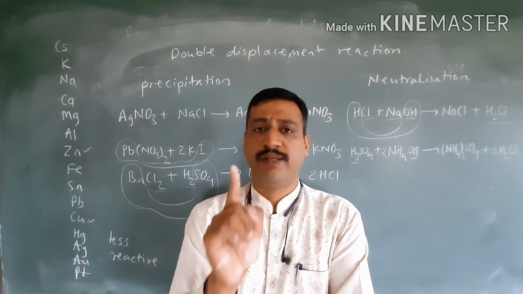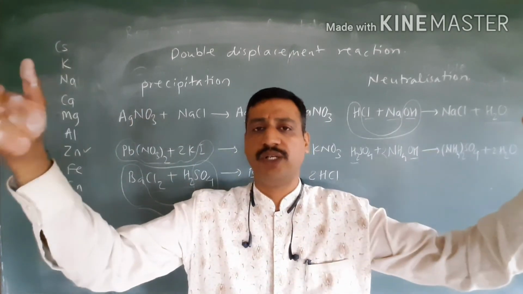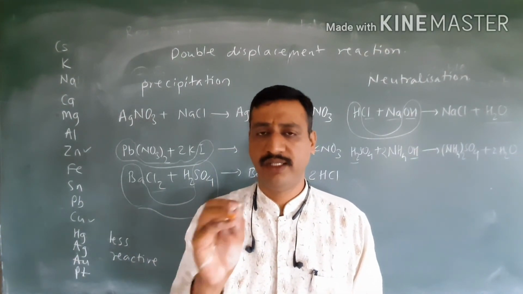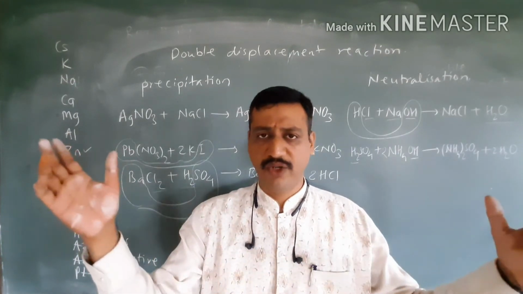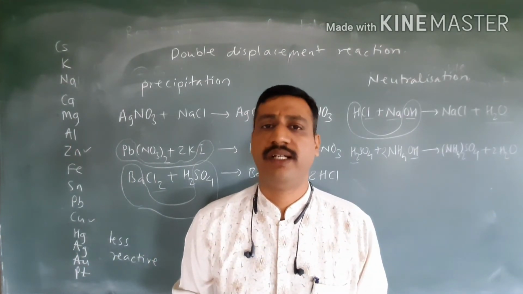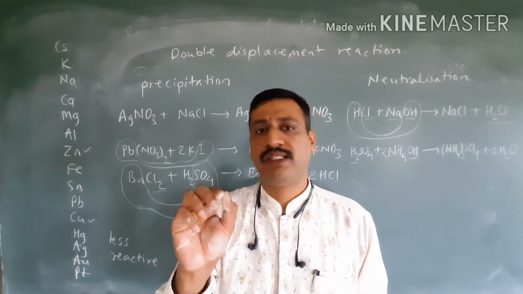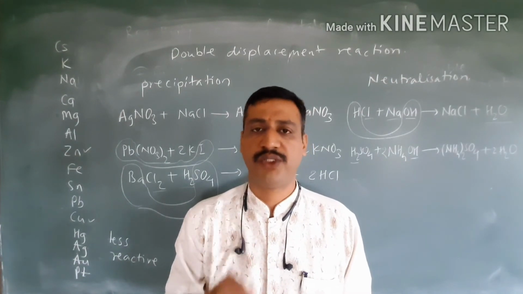Opposite to this, in a decomposition reaction, a single substance splits up into 2 or more substances with the help of either heat, light or electricity. So splitting, or decomposition, is there in the decomposition reaction. Third type we saw, displacement reaction, in which a more reactive metal displaces a less reactive metal from its salt solution.